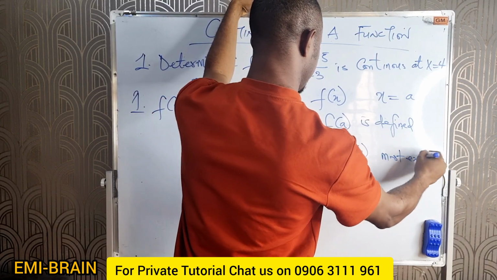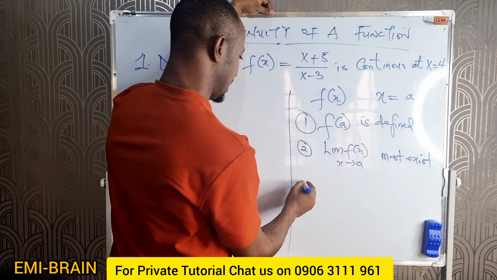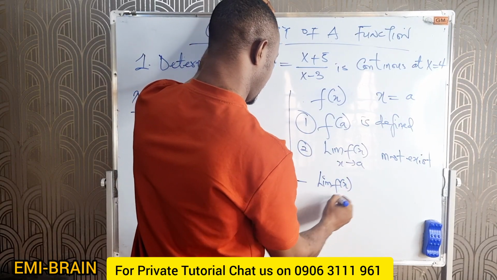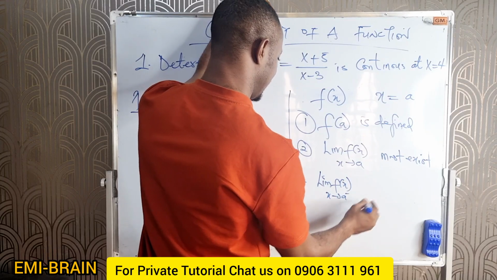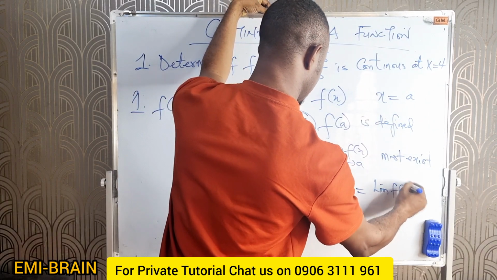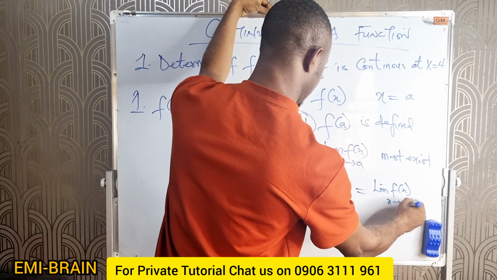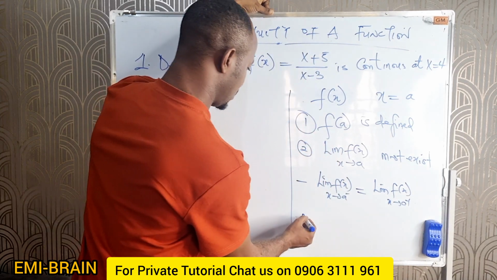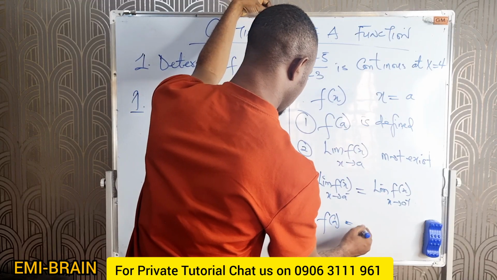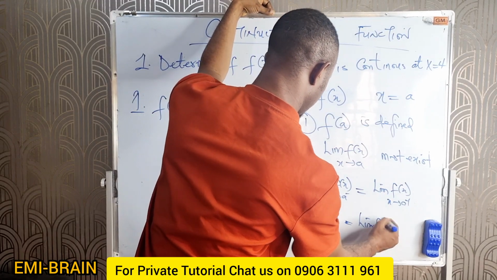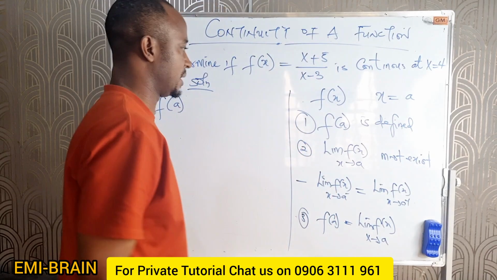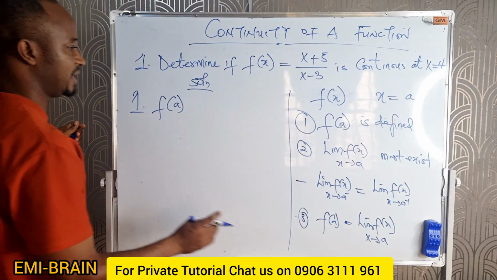This simply means that the limit of f of x as x approaches a on the left hand side must be equal to the limit of f of x as x approaches a on the right hand side, right? Then the third condition says that f of a must be equal to the limit of f of x as x approaches a.